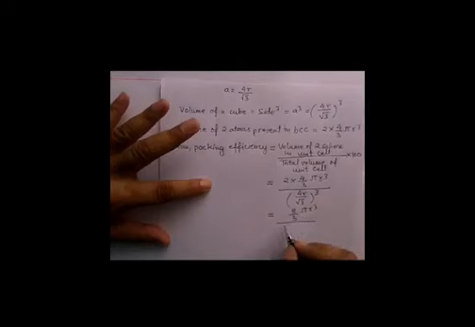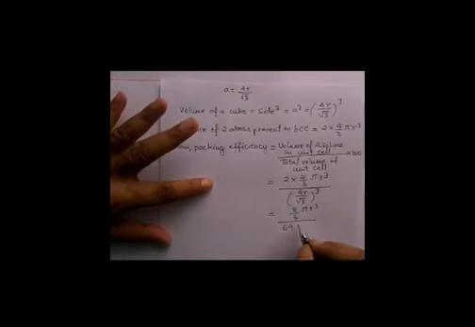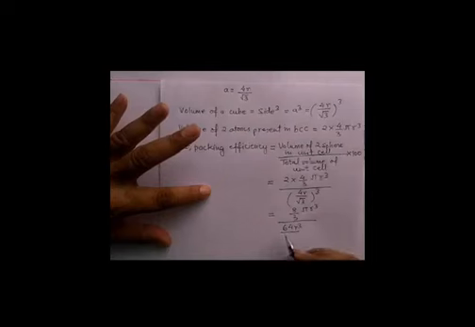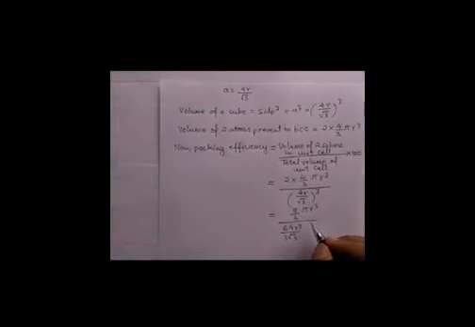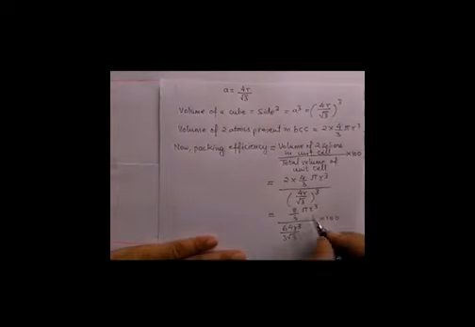This will be 64 r cube by 3 root 3, into 100. We can cancel r cube and calculate further.